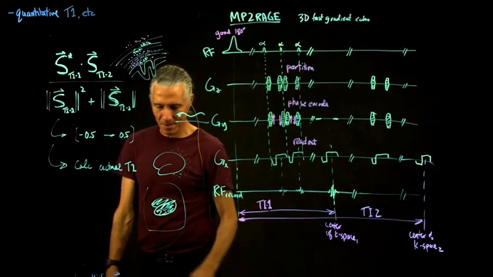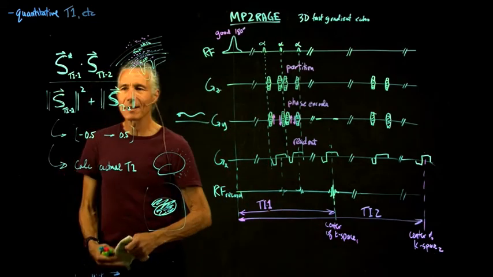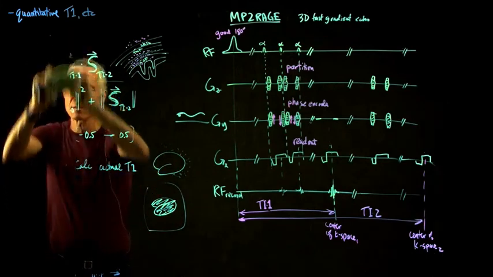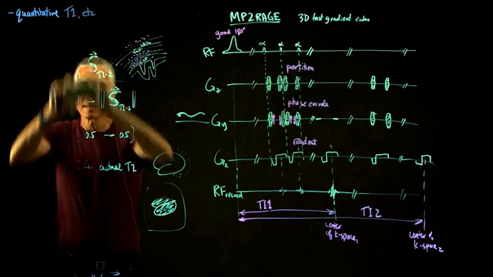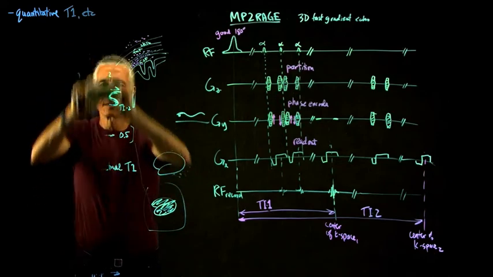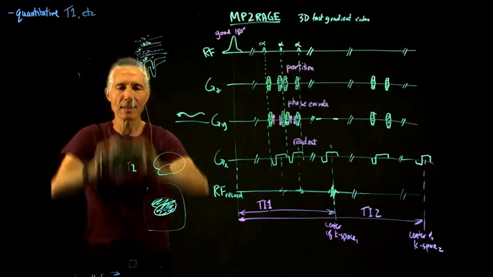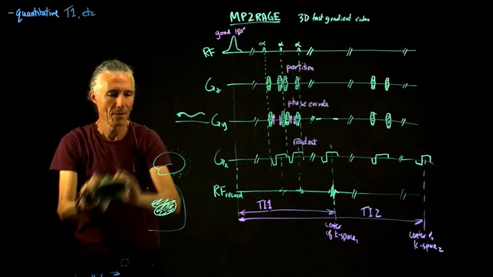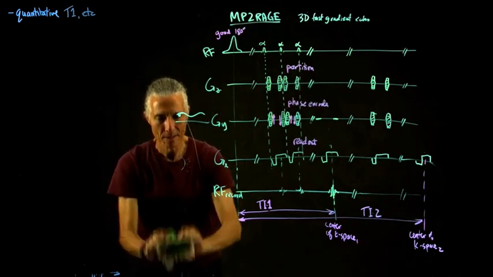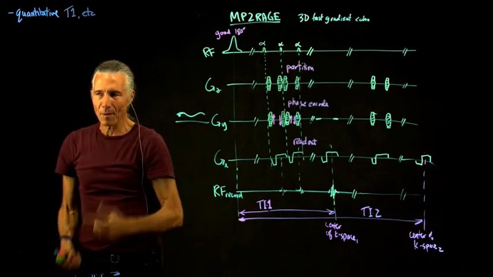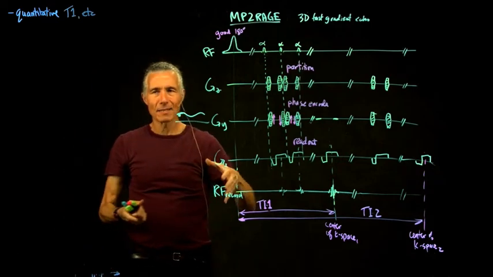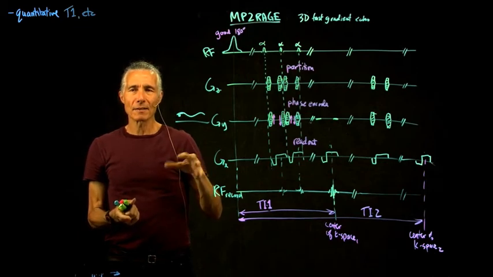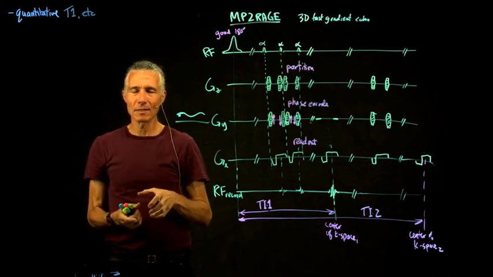You can run that. And then last but not least, there's another version that I'll talk about in more detail in next Friday's AM lecture. Basically, we talked about pre-scan normalize: collect an image through the body coil and compare that to an image through the head coil.